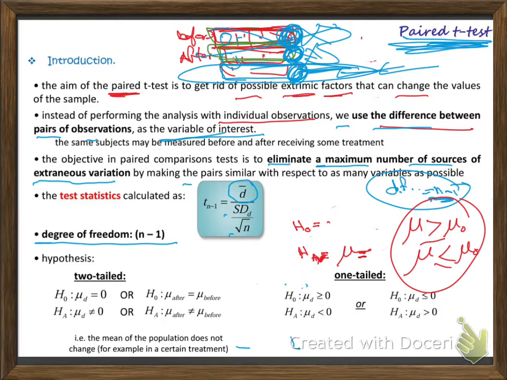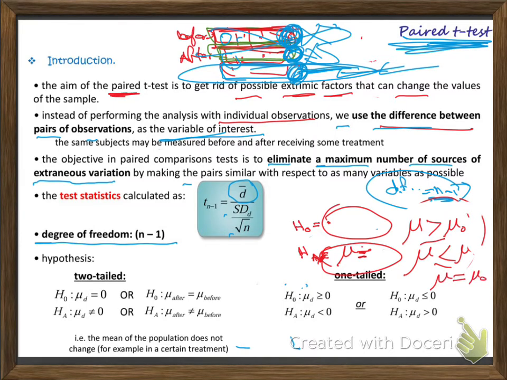H alternative will be what the researcher is searching for. The alternative always will be what the researcher is looking for, and H null will be the opposite. So H alternative is always what the researcher is looking for, except in the case of equal, mu equals mu naught.